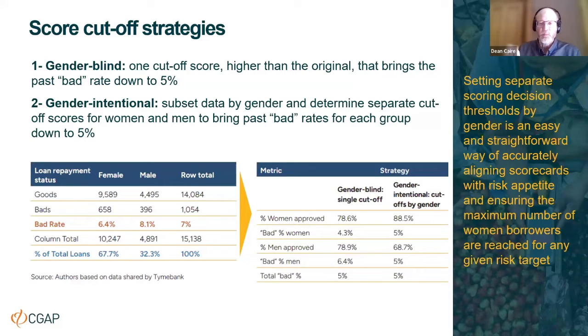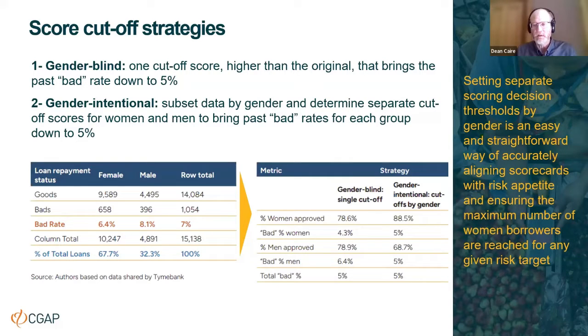With this data set, when we apply that strategy, we can approve 88.5%, or almost 90%, of past women borrowers. The flip side is that the men were repaying late at a higher rate, or repaying worse, so we have to curtail some of the lending to men. That may or may not seem like a good outcome, but as we'll show when we summarize it, it should actually increase total lending.